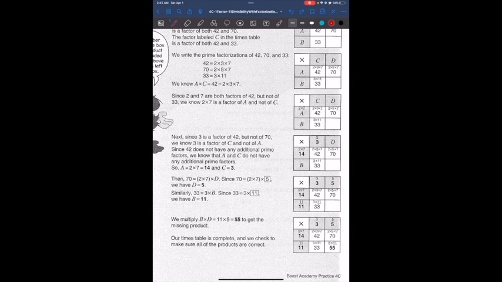And so A equals 2 times 7, which is 14, and C equals 3. Then 70 equals 14 times D, so D is going to be 5, and B times 3 is going to give us 33, so B is going to equal 11. Then to find the missing box, we multiply 11 and 5 together to get 55.